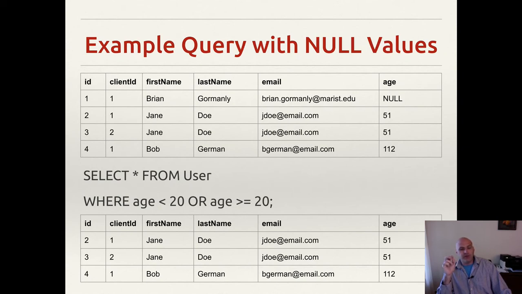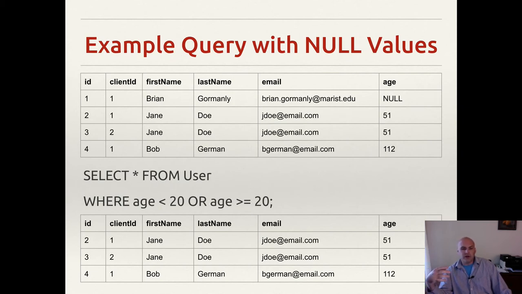But if you do a select and age is the selection criteria, then it might yield results that don't necessarily make sense. So first off, if I forget the or part of this, if I had said where age is less than 20, no one would have showed up, right? Because I'm null, Jane's 51, and Bob is 112. So that's fine. We kind of expect that.